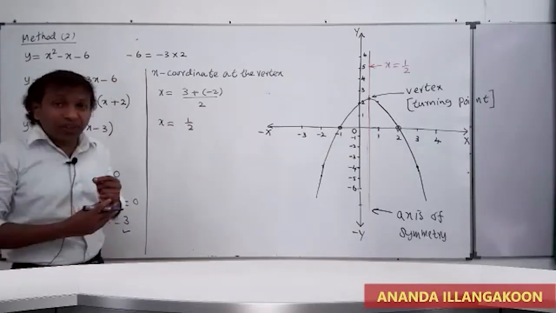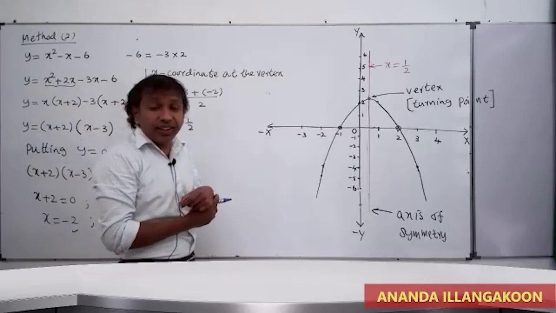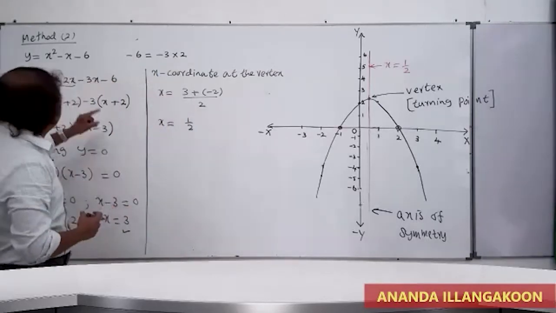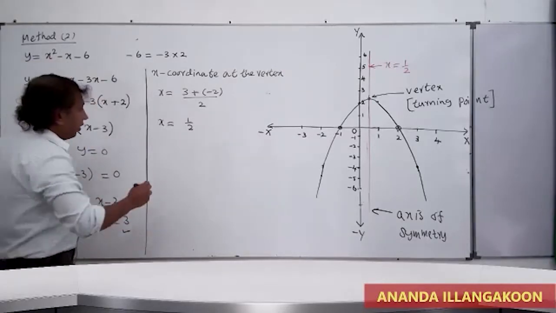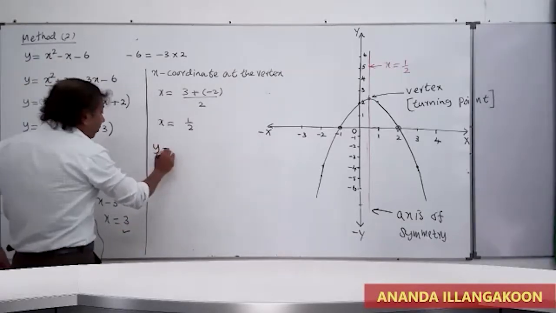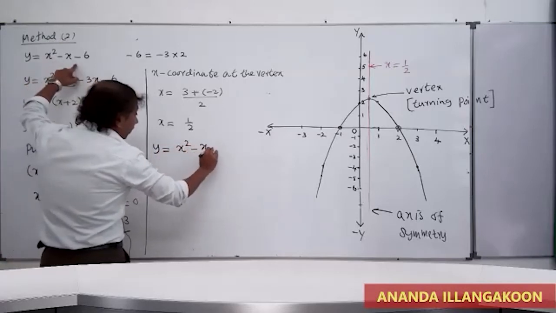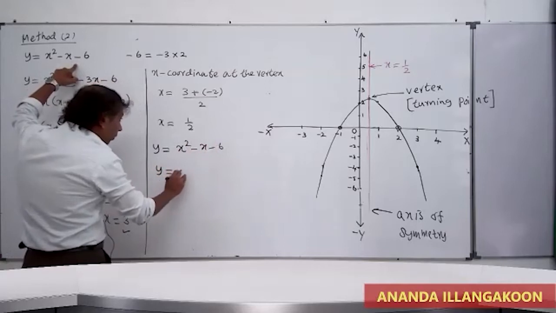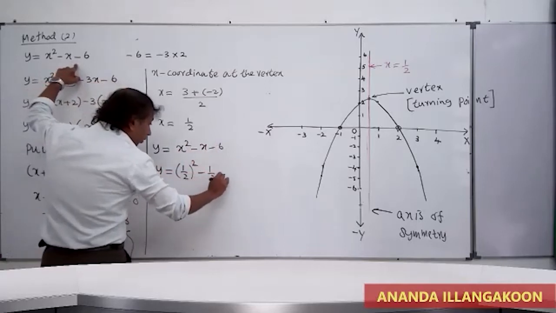And we said, people, how to find the y coordinate of the vertex? That x coordinate of the vertex we substitute for every x in the equation. Then we can write, putting that here, y equals x squared minus x minus 6, y coming as half to the power 2 minus half minus 6.